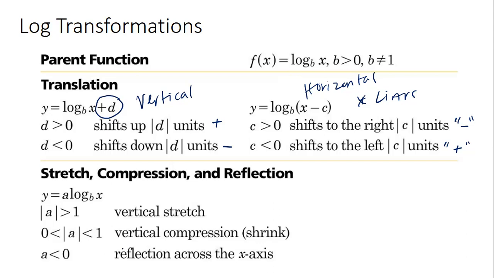Now if A is less than 0, meaning that if A is negative, that's what's going to cause you to reflect. Okay, so A can be greater than 1 and negative, right? There you go. So if it was -4, I would be reflected and I would be a stretch.